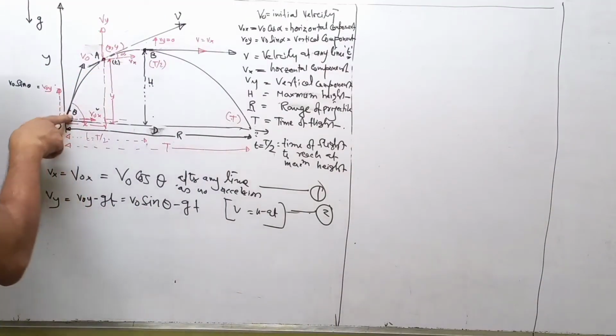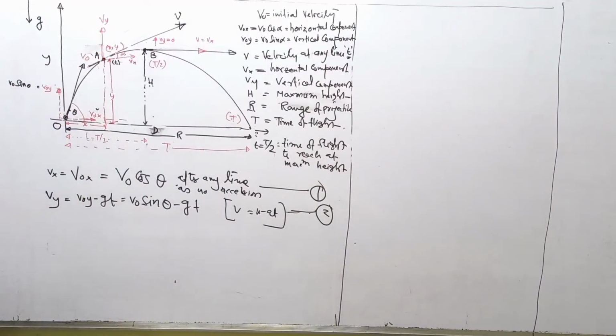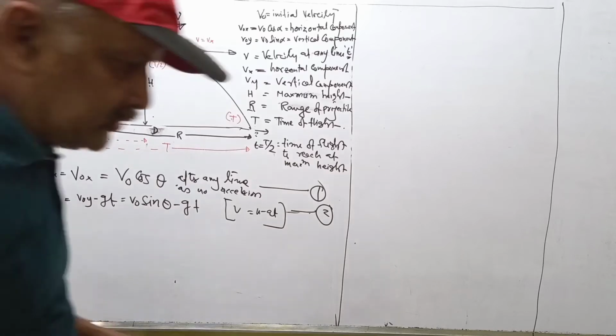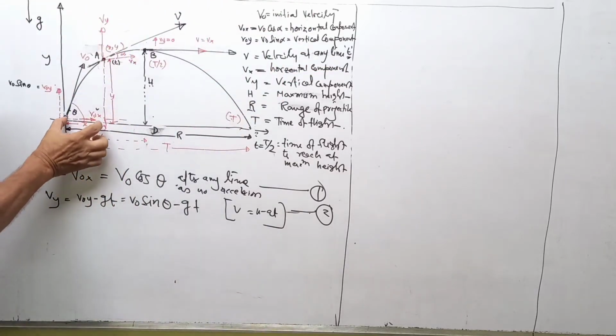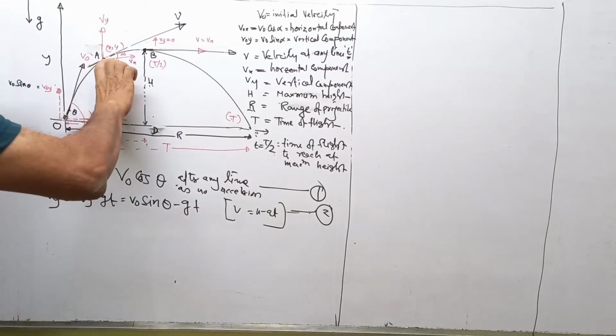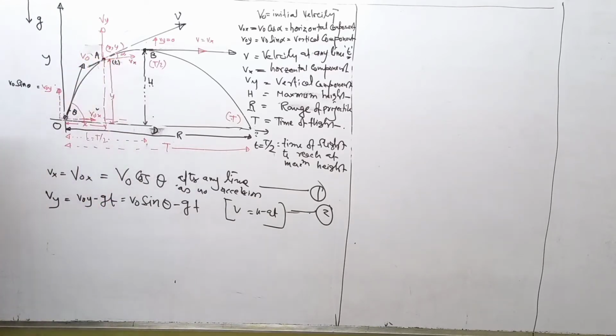The particle ranges from O to E, whose coordinate is x comma y, where x is this distance and y is the vertical distance.